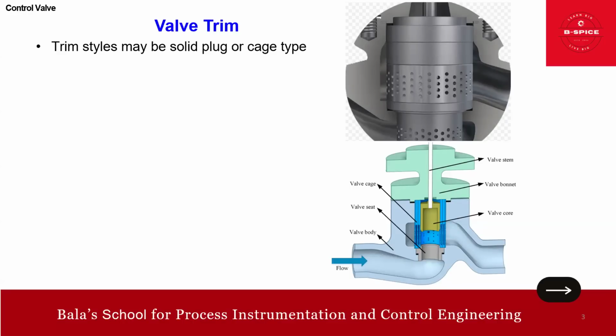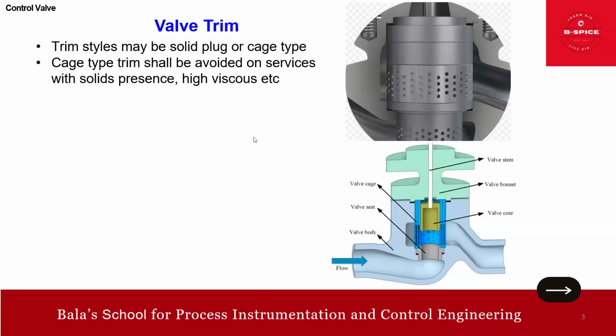Cage guided valves can have a balanced plug which equalizes the fluid pressure on both sides of the plug, minimizing the forces acting on the actuator. So those are the advantages. From an application point of view, it is used in various applications like pressure regulator, suction controller, recirculation valve, all these. So that's about the design.